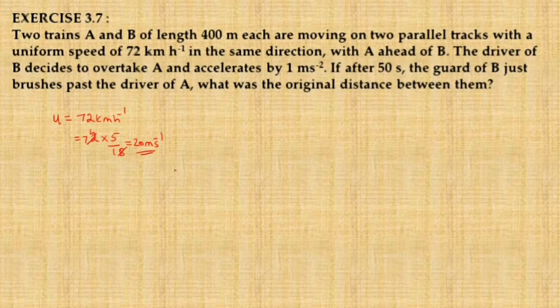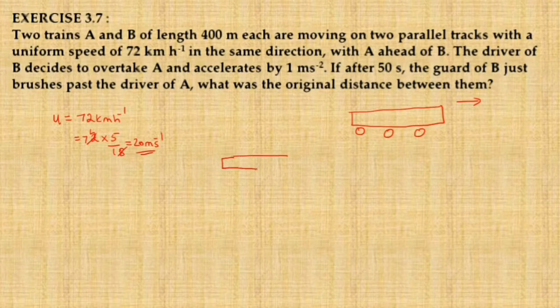With A ahead of B. So we can draw a figure here. This is the train A. Imagine it is traveling in this direction. Both are traveling on the parallel tracks. So say another train is coming here.